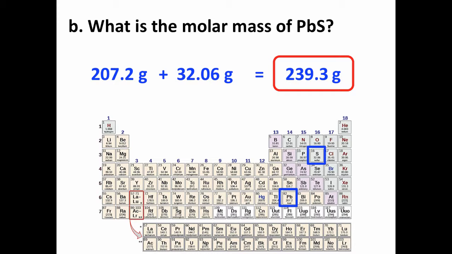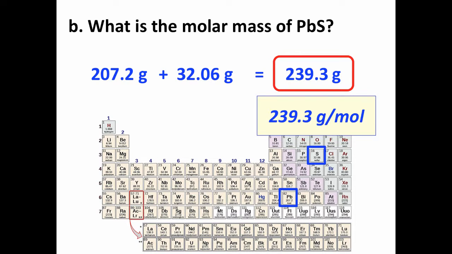So 1 mole of lead(II) sulfide weighs 239.3 grams, and we often write the molar mass with the units that way. 239.3 grams per mole is what we would say the molar mass is of this compound.